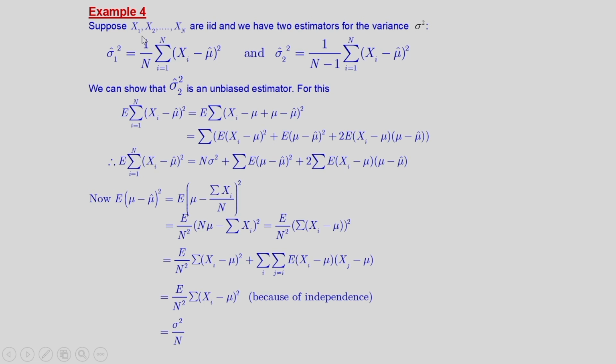This is the estimator for variance. Suppose x1, x2 up to xn are IID, independent and identically distributed, and we have two estimators for sigma square. Sigma square is the variance. One is sigma 1 hat square, that is equal to 1 by n summation i going from 1 to n of xi minus mu hat whole square.